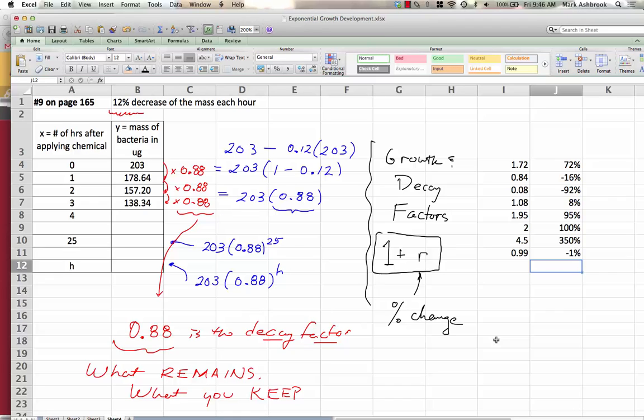What we're saying is, we know that this amount is 50, and we need to know how many times we multiply by 0.88, or what the exponent is. So for now, you're going to solve that graphically. I'll show you here in a second. But whenever you're trying to find the input, which is the exponent, you're going to solve it graphically. So you're on your graphing calculator.